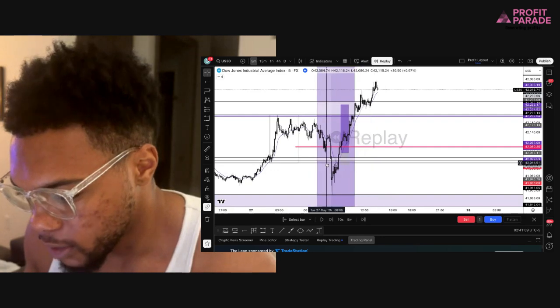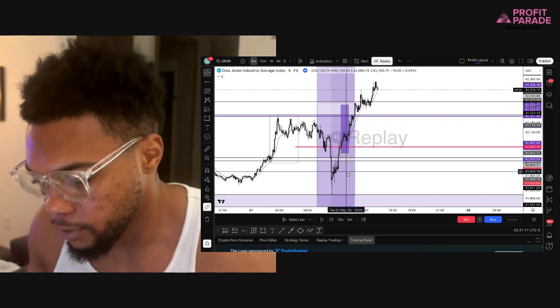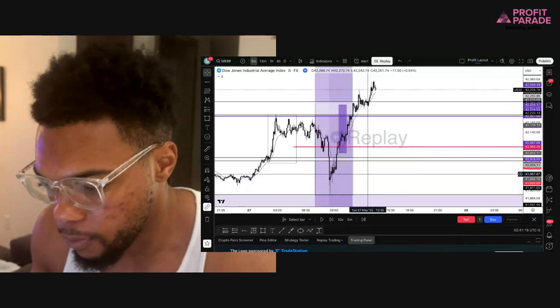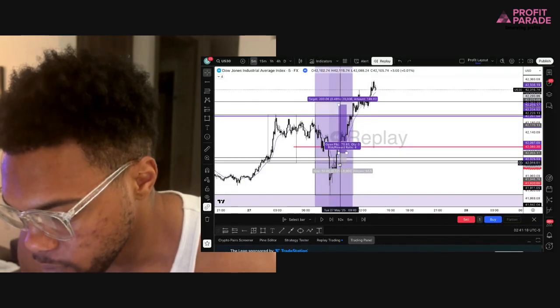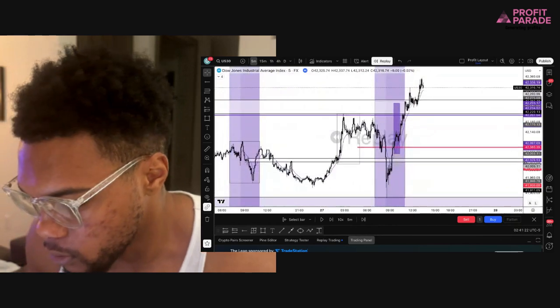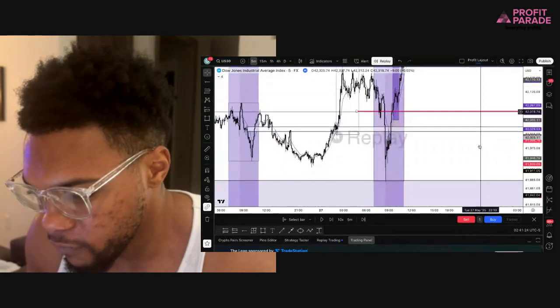So I saw that the same setup was happening right here. We had the huge push below in the original volume from market open. And then from there, I saw that it also had one of these zones. Now, this is a little gem that I'm going to give you guys.